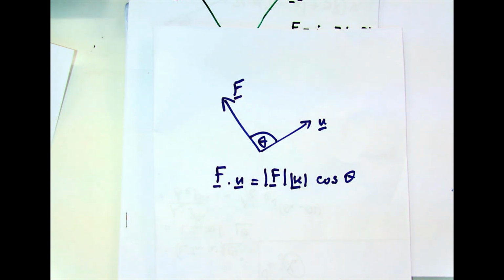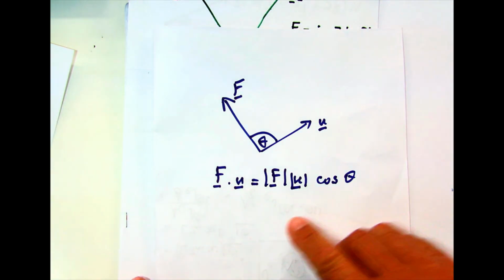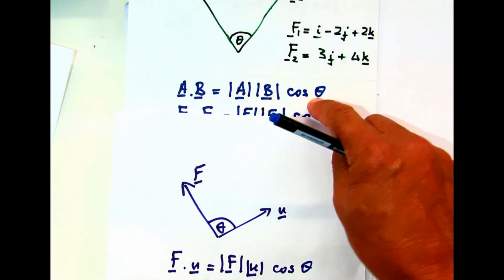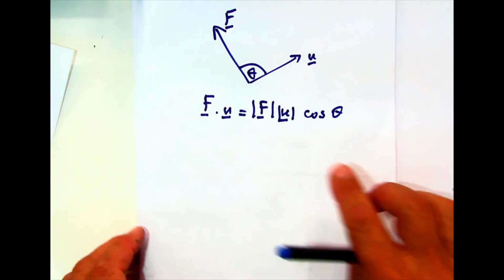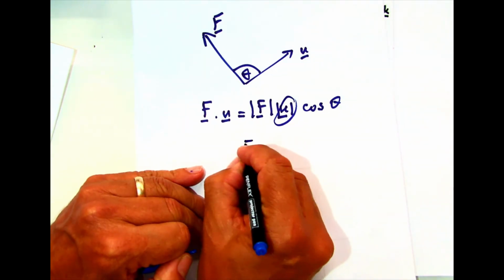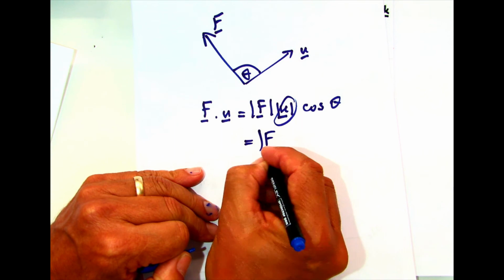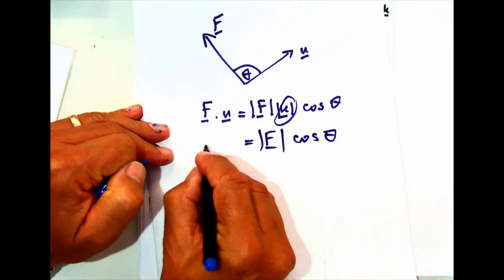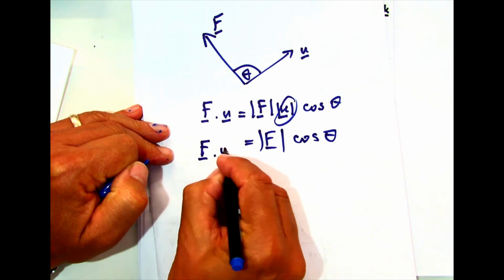That's your definition of a dot product. And of course, the magnitude of that one is 1. So you need the magnitude of the one force, cos theta, F dot U.